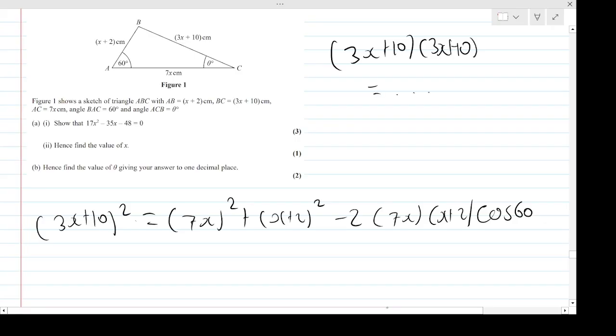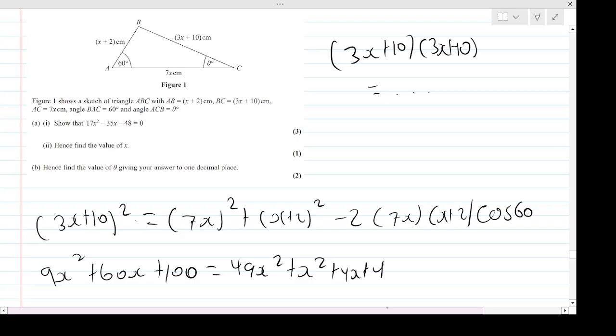Then you should get 9x squared. Then 3x times 10 is 30x, another 30x makes 60x, then 10 squared is 100. Then 7x all squared is going to be 49x squared. Then x plus 2 all squared is x squared, add 4x, add 4.